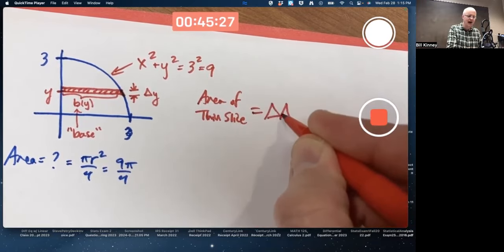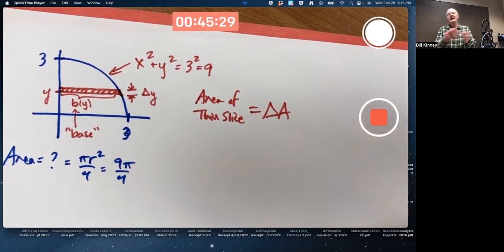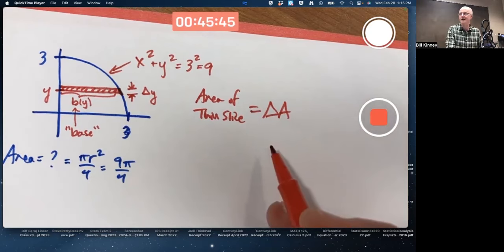You could call that, how about delta A? We're thinking of delta y as being small. If delta y is really small, 10 to the negative 3, 10 to the negative 10 even, 10 to the negative 100 if you want to get extreme, then the area of the thin slice is also going to be small.